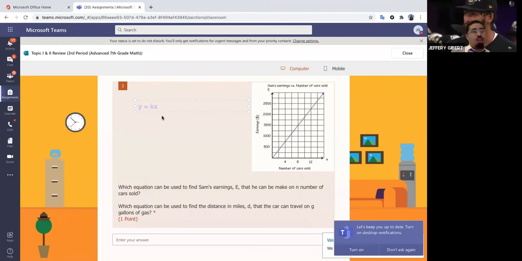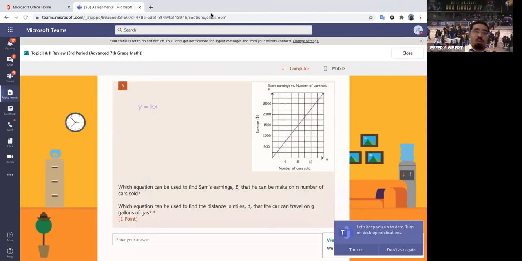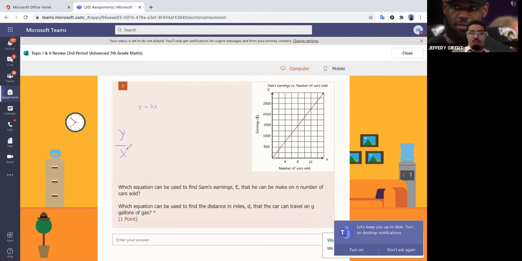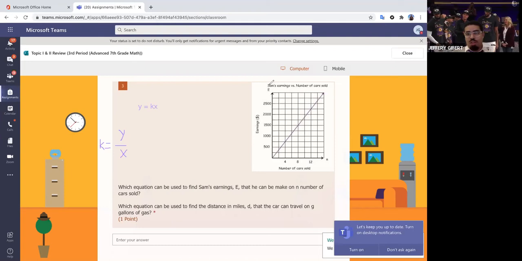The y and the x stay the same, you gotta find out what the k is. The k is obtained by doing the same thing we did on the other table, which was y divided by x. You got to find a perfect point on your graph and then do the y divided by x, and that's your k. And obviously you're going to switch it to e and n instead of y and x.